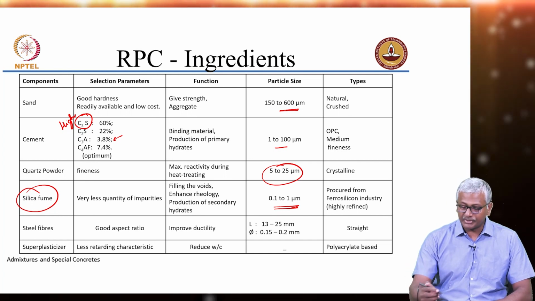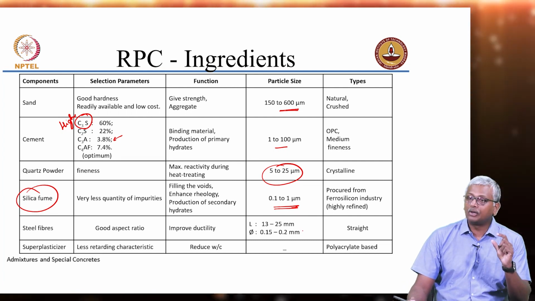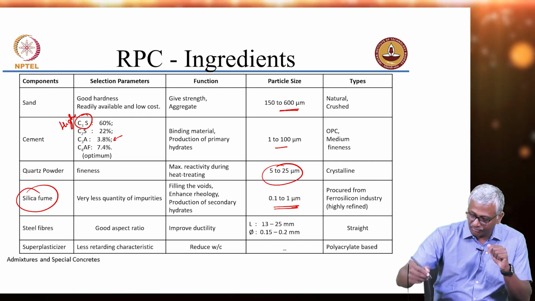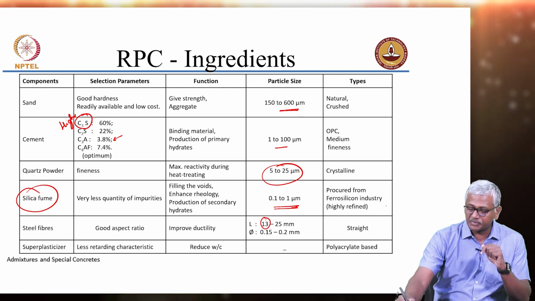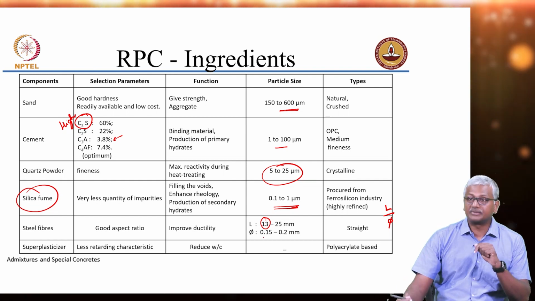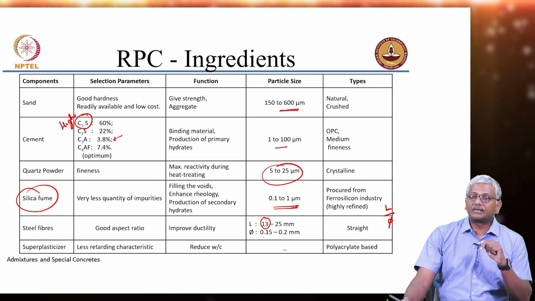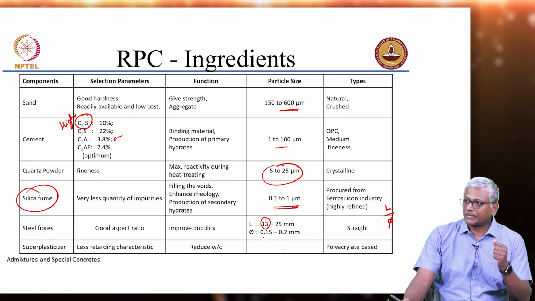And then steel fibers, which are high aspect ratio and low length, okay. Typically you want steel fibers of around 13 millimeters, and aspect ratio is basically length by diameter. So if you divide 13 by 0.15, you will get an aspect ratio of nearly 80 to 90, okay.